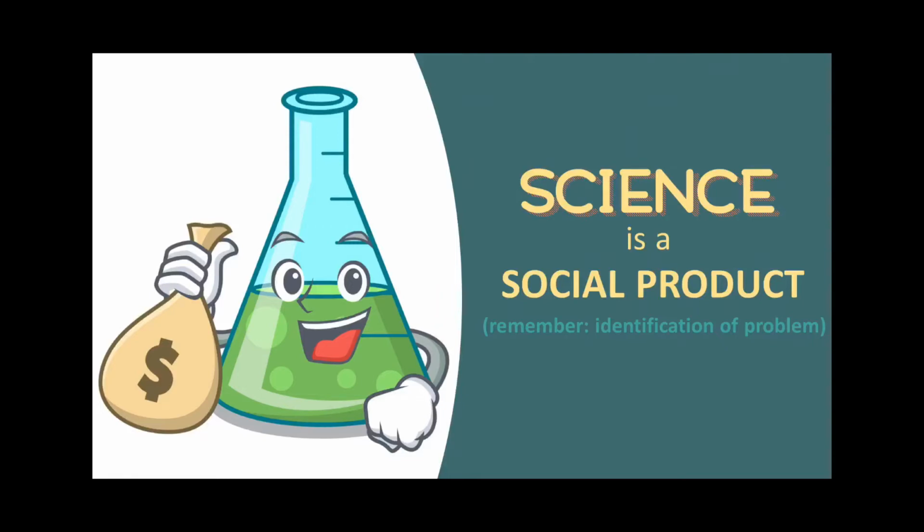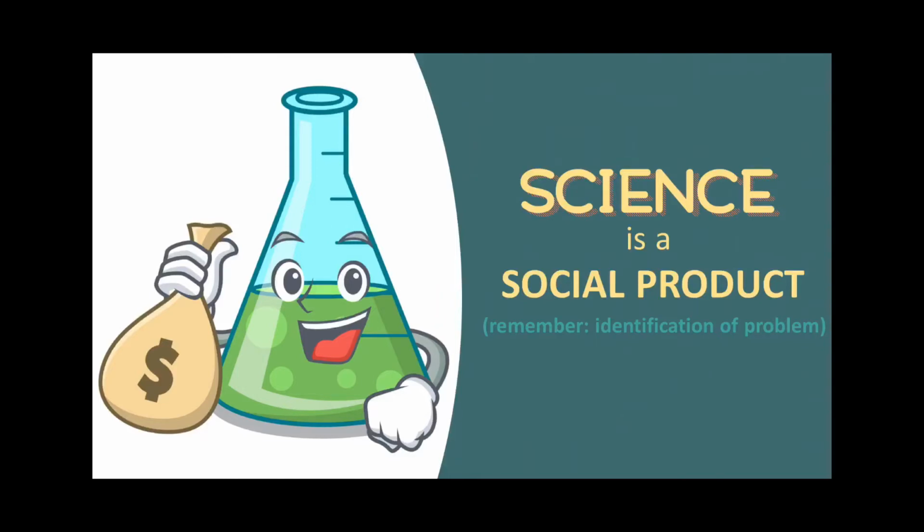So in our previous discussion, we argued that the identification of problem, which basically ignites a scientific investigation or a technological innovation, is influenced by the epistemological binders that scientists and the scientific community have. And this epistemological binder is influenced by many social and cultural determinants.